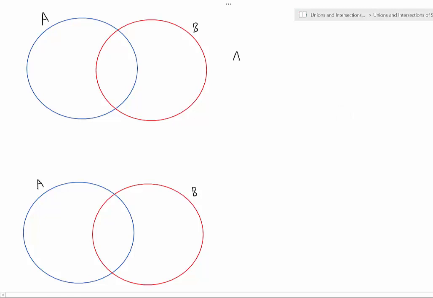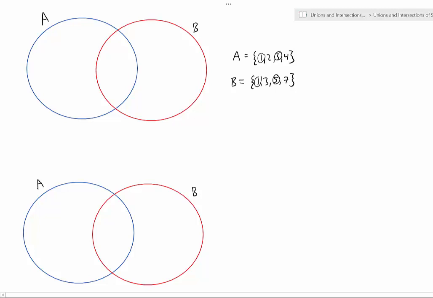We'll just make something up. How about A is 1, 2, 3, and 4? And B is, how about 1, 3, 5, and 7? Notice that the numbers 1 and 3 are in both of the sets. So you see the sets overlap. I see that 1 and 3 are in both sets.